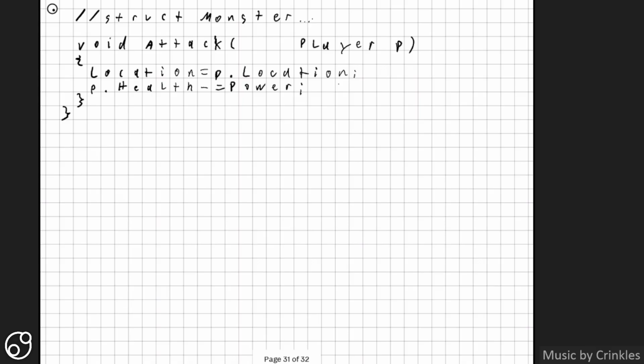And then in the attack method, when we refer to p, the system knows this is an address in memory in the heap, and that's where I'm going to find the integer health. Still exactly the same way everything works, except the data is no longer found in the stack, and instead it's in the heap. And whenever we use the data or refer to it, what we actually use is the address where we find the full player data.